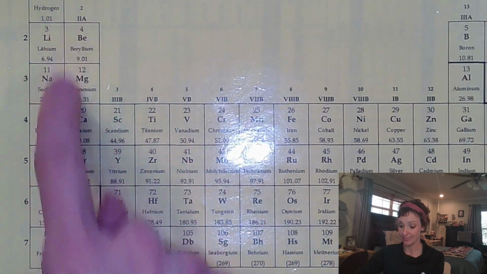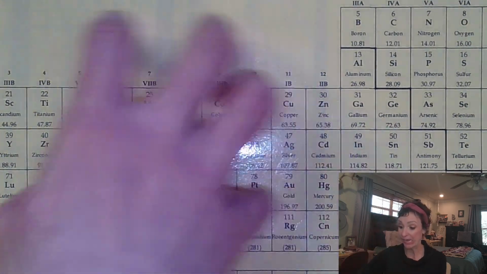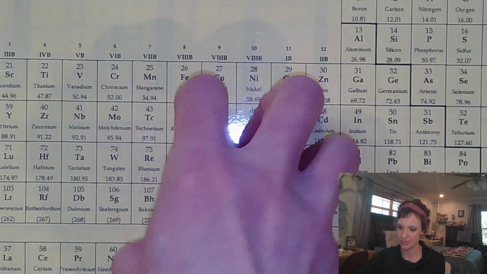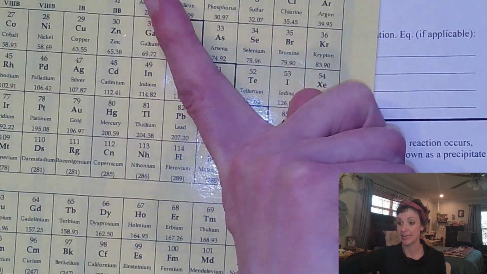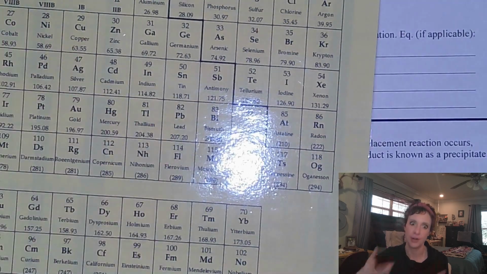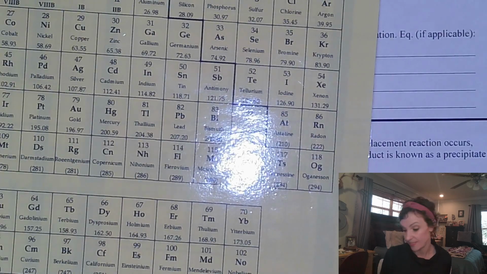Everybody in group 1 always has a +1 charge. Everybody in group 2 always has a +2 charge. Where things get a little bit weird and hairy is down here in the transition metal area, meaning everything to the right of my group 2 metals, including when I get to the staircase. These have variable possibilities of oxidation numbers or charges that they can make.